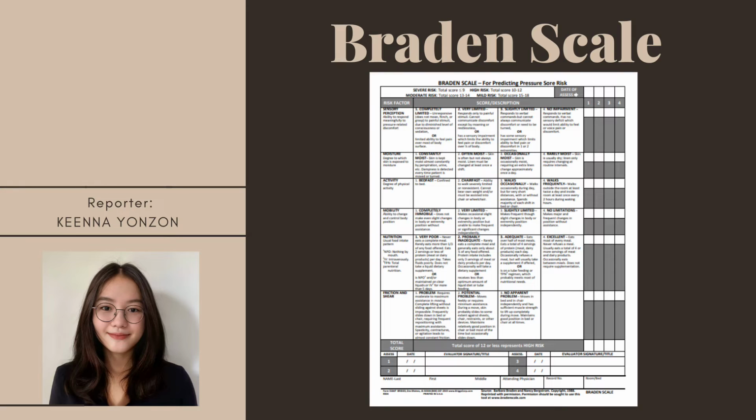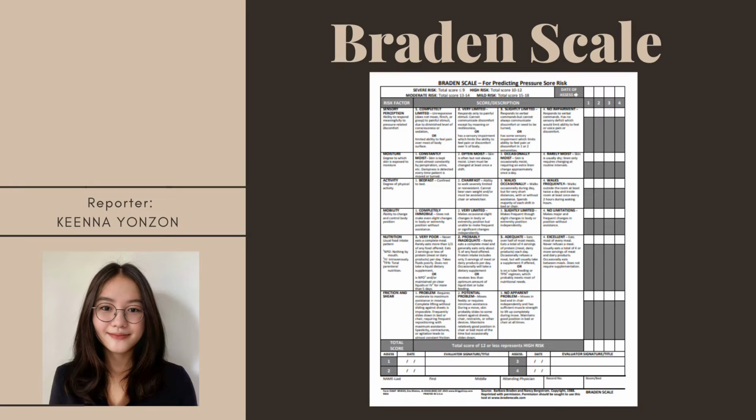The six factors included on the Braden scale are sensory perception, moisture, activity, mobility, nutrition, and friction or shear. These factors are rated on a scale from 1 to 4, with 1 being completely limited to 4 being no impairment. The scores from the six categories are added, and the total score indicates a patient's risk for developing a pressure injury.